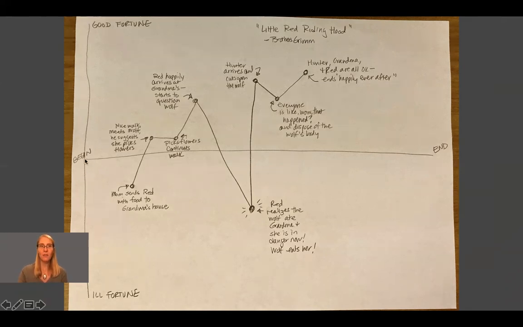I'm going to show you here. I've started my plot on a piece of paper. And so I have my line that has the beginning to the end of the story. And then I also have my vertical line for ill fortune down at the bottom and good fortune up at the top. So when I think about Little Red Riding Hood, the story kicks off with Little Red Riding Hood's mother asking her to take the basket of food to Grandma's house.